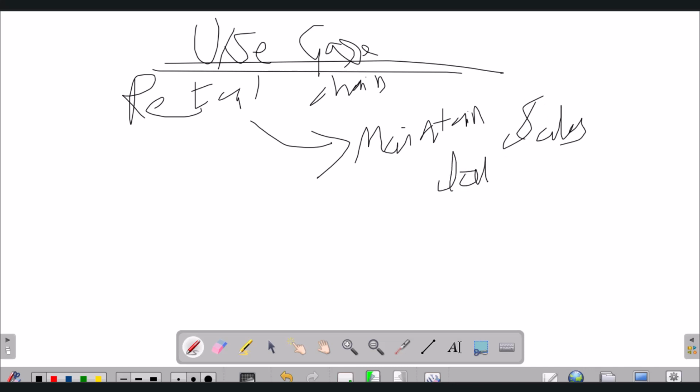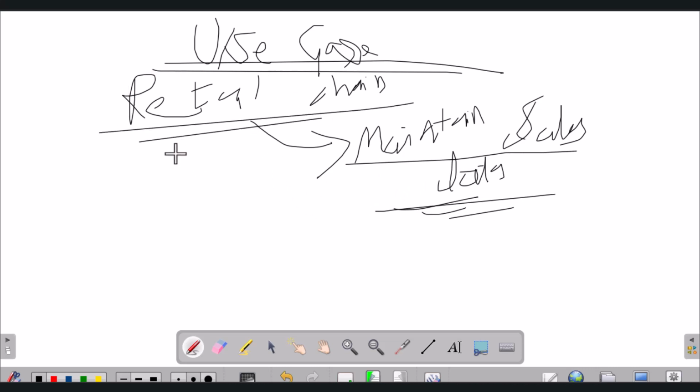Sorry for this handwriting, folks. Maintaining the sales data, that's why I'm telling this. You manage the retail chain, and you have been given the responsibility to maintain the sales data.